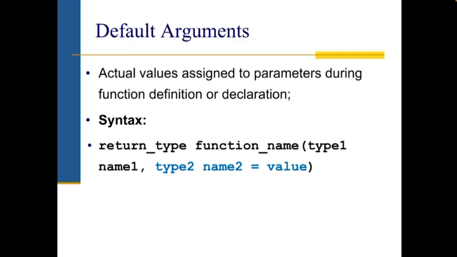And this is a syntax for default arguments: the return type, function name, then inside the parentheses type 1 name, then with this one is equal to the statement.